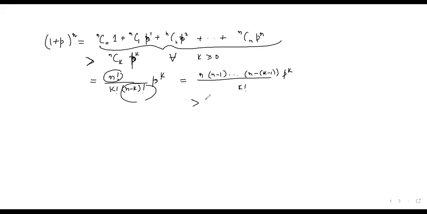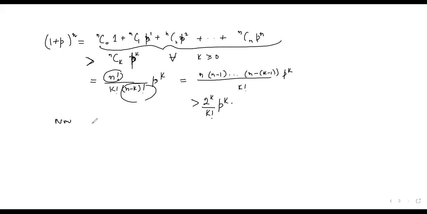n is bigger than 2. I can write it as 2 raised to power k, because n is bigger than 2 and n minus 1 would also be bigger than 2. All the numbers I am working with will be bigger than 2. So it will be 2 raised to power k divided by k factorial, p raised to power k. Now what I write is this.